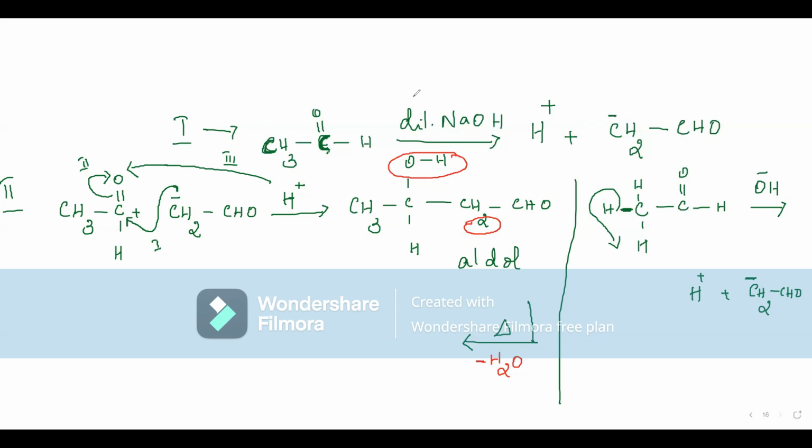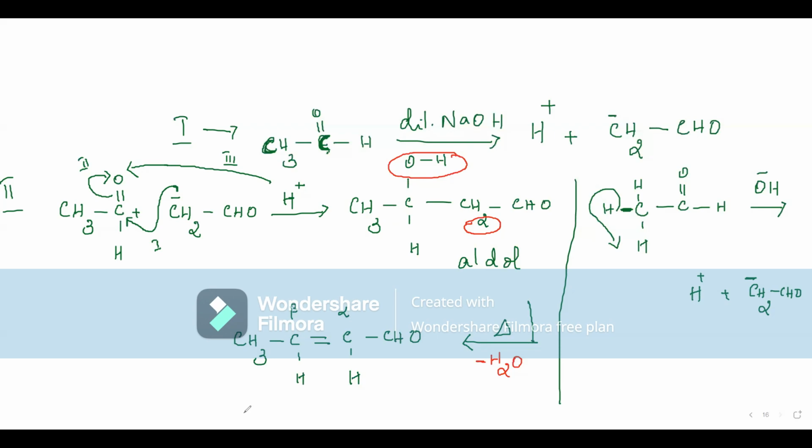Once you eliminate a molecule of water, there is CH3, CH, double bond, CH, CHO. Now, this is the alpha, this is the beta position.